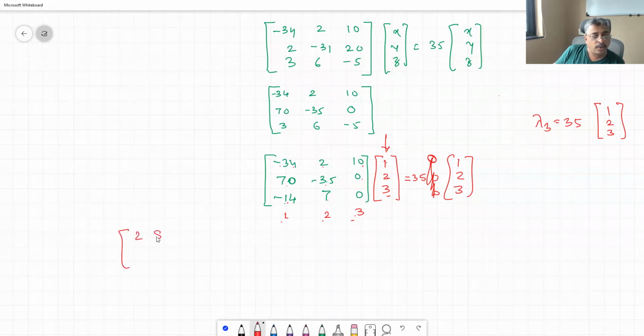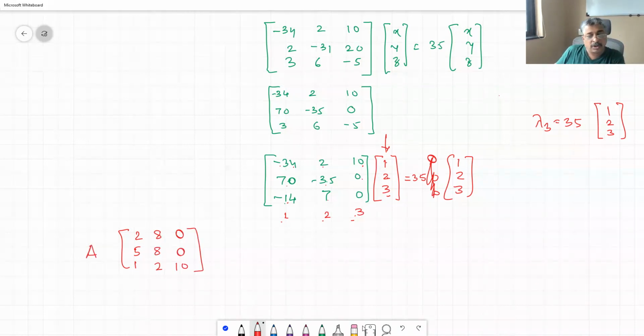Suppose 2, 8, 0, 5, 8, 0, 1, 2, 10. Suppose this is the matrix A which is given to you now.